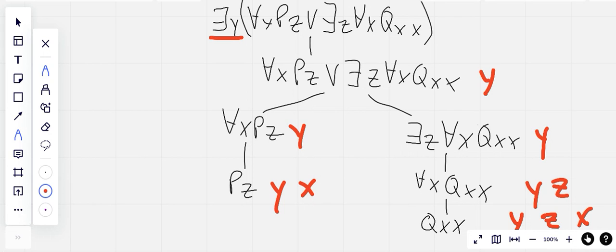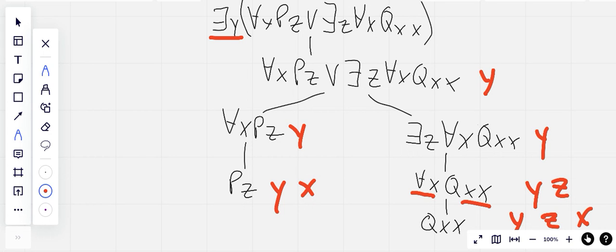So we now know for which formulas in the resulting formula we have quantifiers in scope. Now we can go through and match these. So this for all x, it's not actually quantifying any x's here. We can go down to the other side. We have Qxx. There's no quantifiers there. x will eventually be in scope when we work our way back up. And here is in fact where we introduce this.